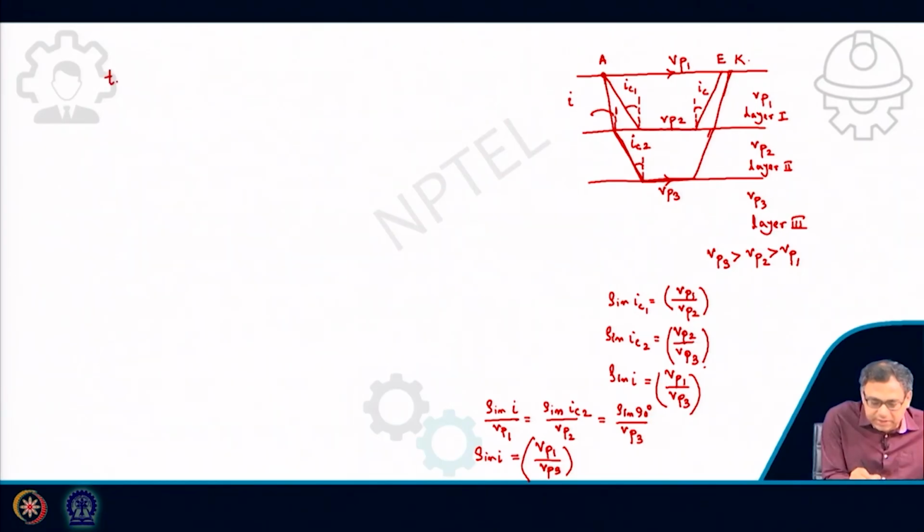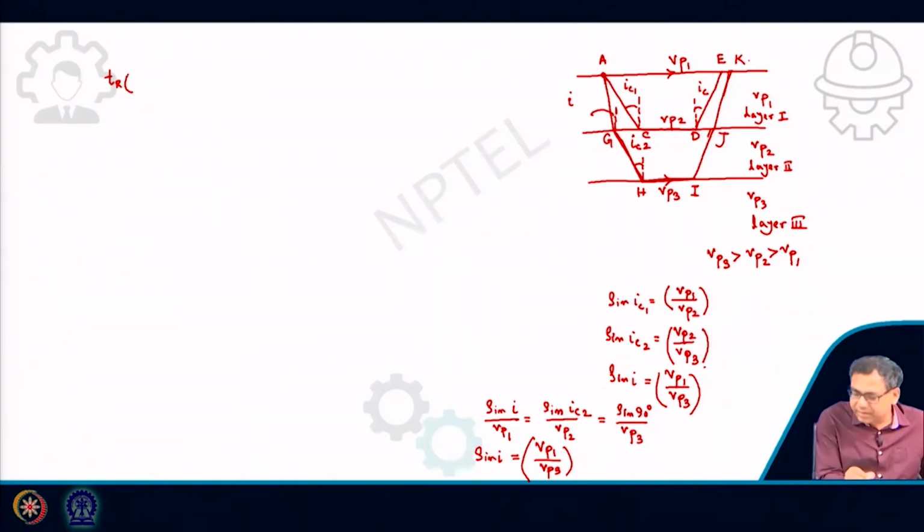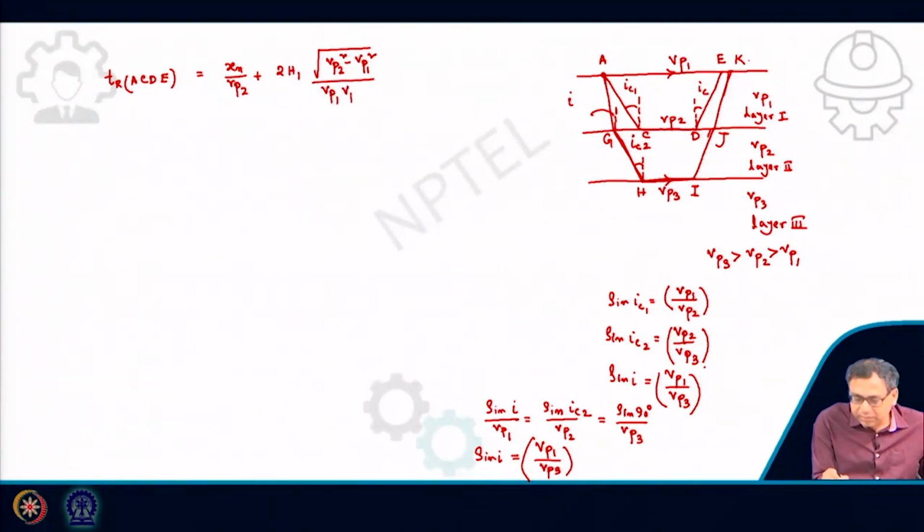Now, for the reflected ray, say this is C, this is D, this is G, H, I, J. So, the ray via A, C, D, E, that will be equal to, we know, the distance Xn divided by VP2 plus 2h1 root over VP2 square minus VP1 square divided by VP1 VP2. That I have already discussed in my previous class.